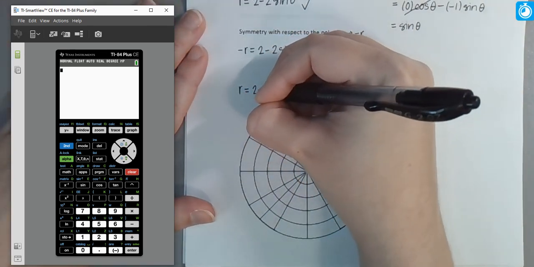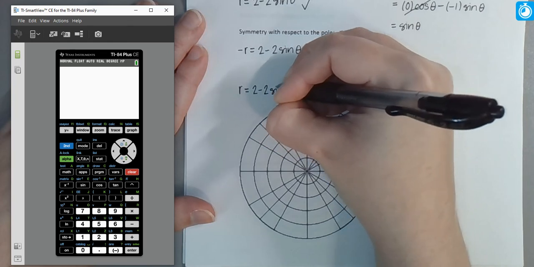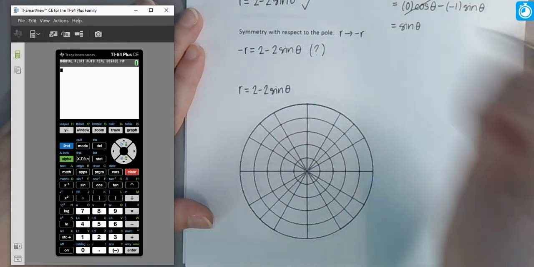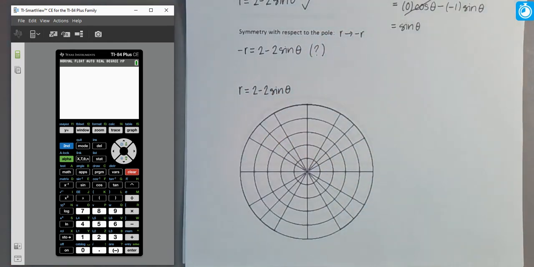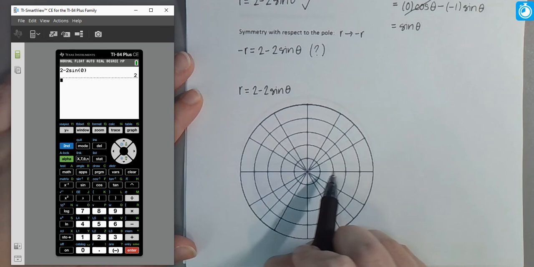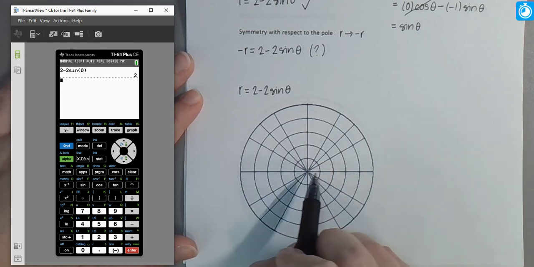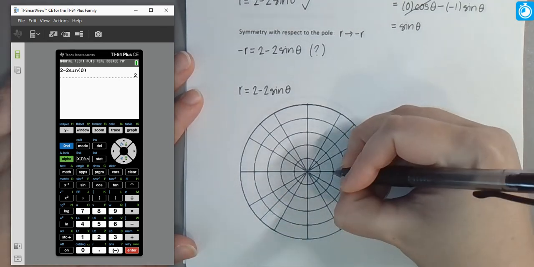So r is equal to 2 minus 2 times the sine of theta. Theta is our input, and r is going to be this expression involving our chosen theta. So starting at theta equals 0, r is going to be 2 minus 2 times the sine of 0, which is going to be 2. So at 0 degrees or 0 radians, r is going to be 2.